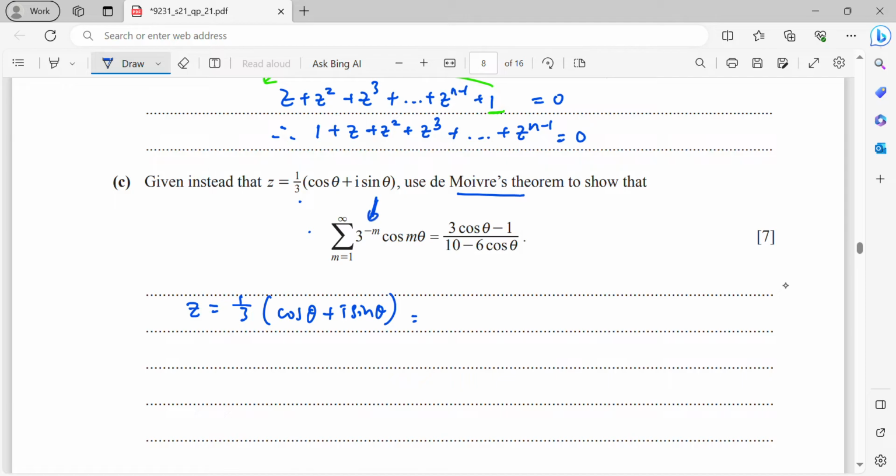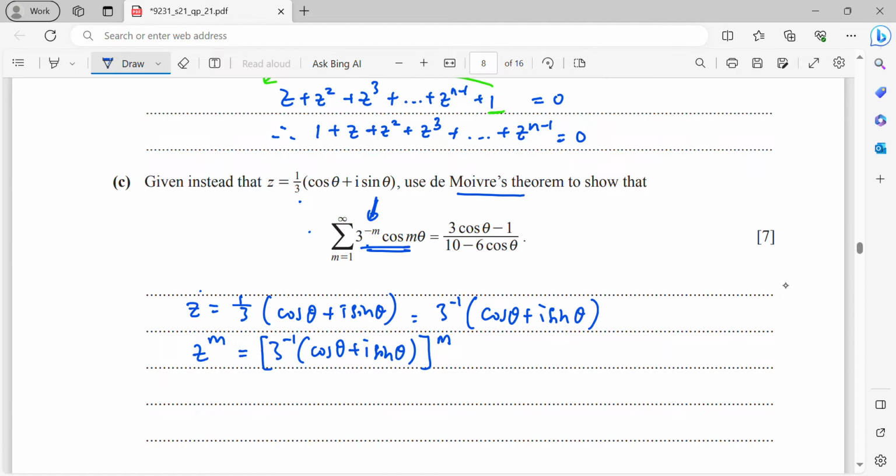I make it to power negative 1 because here you have 3 power negative n. So 3 power negative 1 (cos theta plus i sin theta). Now, if you need to get this, 3 power negative m, that means you have to consider power m for both. So z to the power m will be 3 power negative 1 (cos theta plus i sin theta) to the power of m.